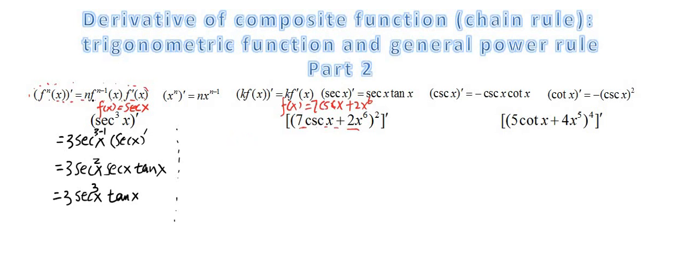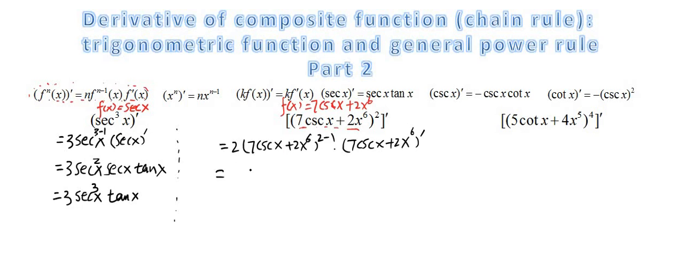Here n is 2, and f(x) to the power n minus 1 should be 7 cosecant x plus 2x to the power 6, to the power n minus 1, 2 minus 1, and times the derivative of f(x), that is 7 cosecant x plus 2x to the power 6 prime.